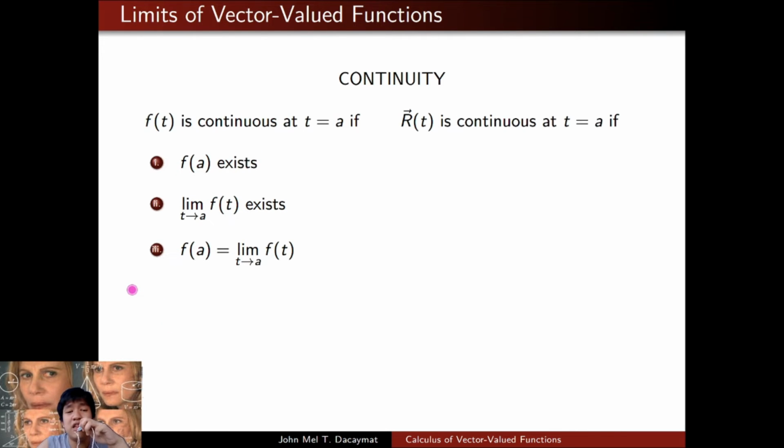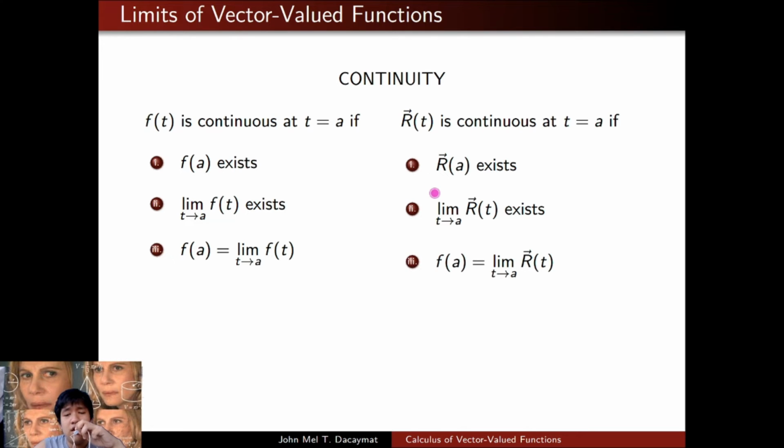So, very, very similar lang, no, doon sa vector valued function. A vector function r will be continuous at t equals A if yung vector value at A exists, the limit as t approaches A ng r exists. Ito dapat kaya ng computin because we just practiced it a while ago. And of course, yung function value dapat equal dun sa limit as t approaches A. Okay?